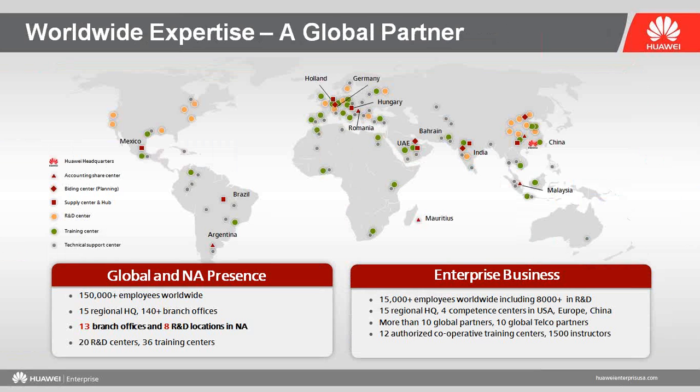As I mentioned, Huawei is a global company, a global partner to our customers, and we've got presence in over 140 countries around the world. We have 150,000 staff, and almost half of those are engineers. And when I say engineers, I mean PhDs and EEs. Huawei doesn't do a lot of acquisition. It's developing its own technology across the different platforms.